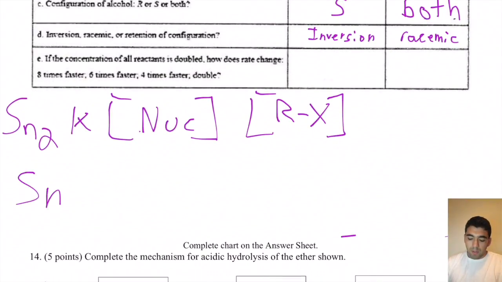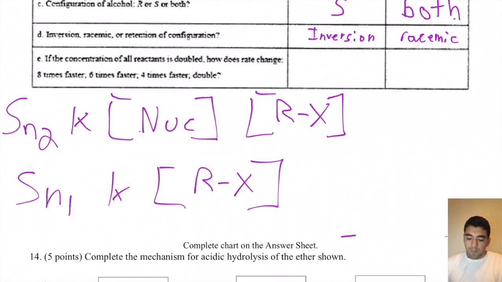And SN1, you have that constant again, but this time it's only dependent on that RX. That's because the rate determining step is this leaving. You don't need the nucleophile to facilitate that like above.